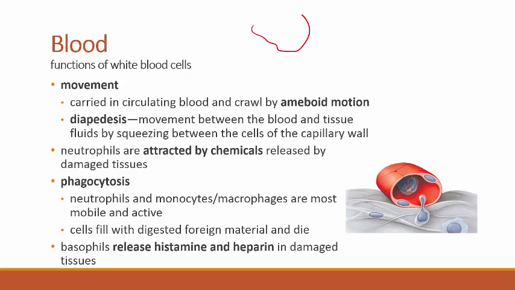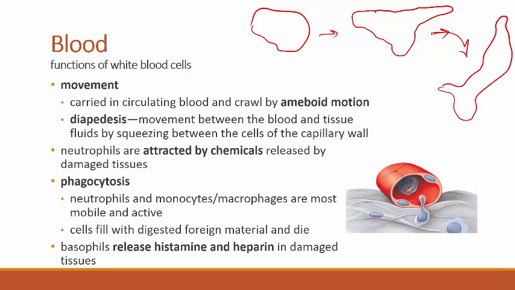So if this is a white blood cell, they can go in this direction, and pretty soon all of the white blood cell is moving in that direction. So that's what amoeboid motion might look like, as the cytoplasm is streaming into this pseudopod.